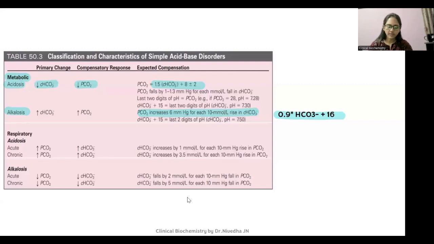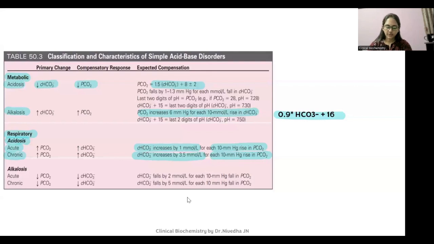For respiratory acidosis, we have two phases, acute and chronic. In acute respiratory acidosis, bicarbonate increases by 1 for each 10 mm rise in carbon dioxide. For chronic, bicarbonate increases by 3.5 for each 10 mm rise in PCO2.